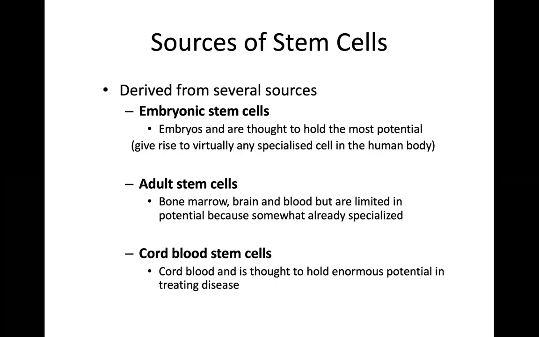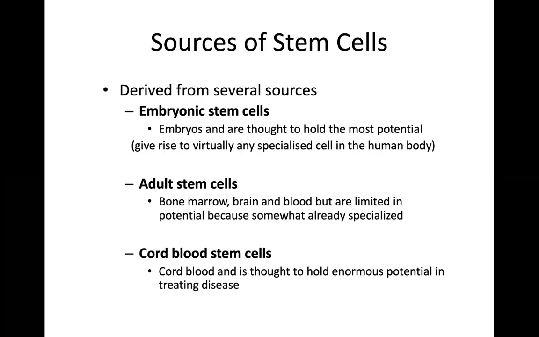Okay, so it's the unborn fetus, right? So embryonic, you know what I'm talking about now? All right. So embryos, they're thought to hold the most potential, these embryonic stem cells. So they give rise to virtually any specialized cell in the human body.